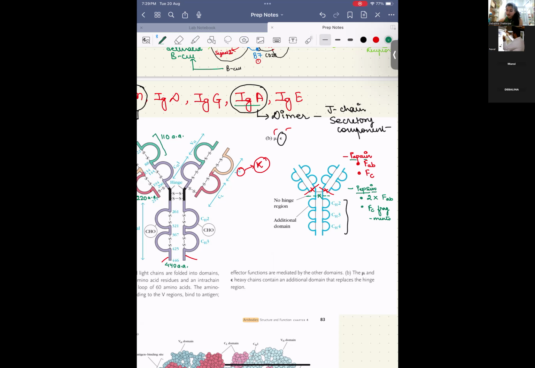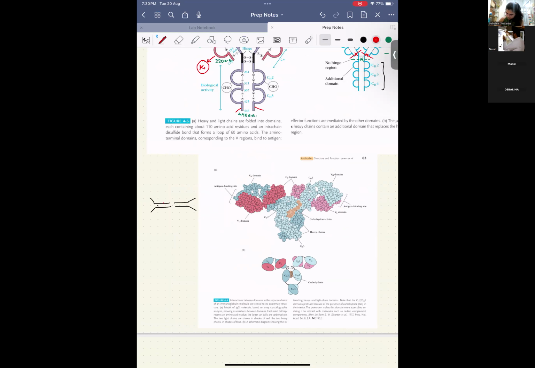This is facilitated by the secretory component that is present in the IgA molecules. So the structure of IgA in circulation looks like this. We have a secretory molecule that keeps these two chains together in addition to the J chain.